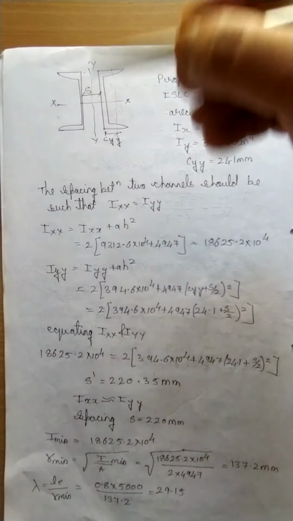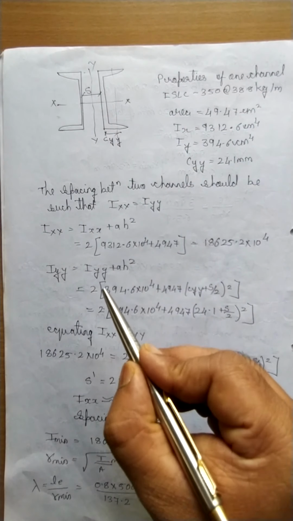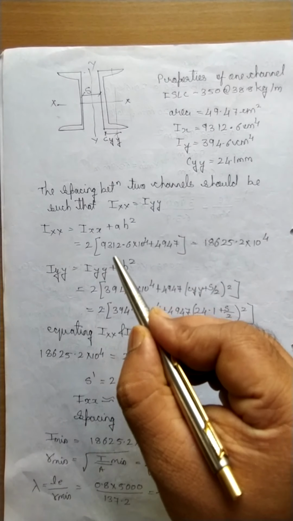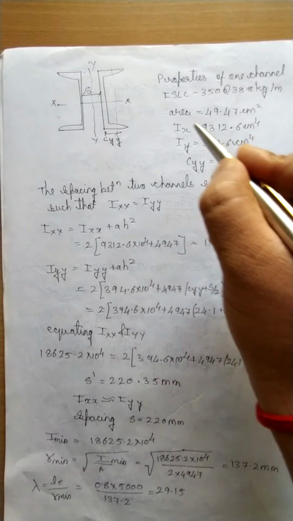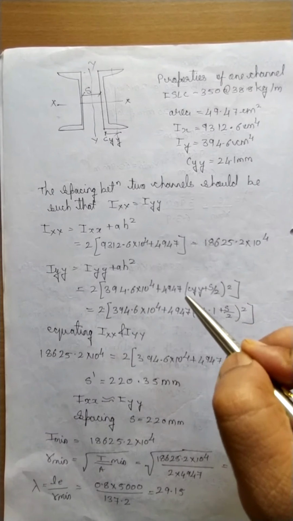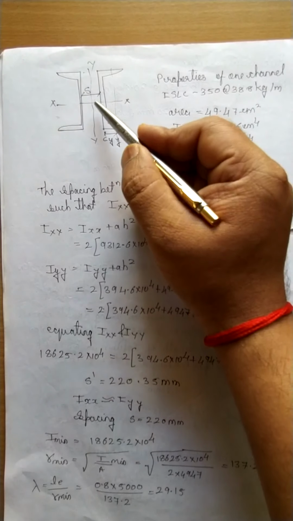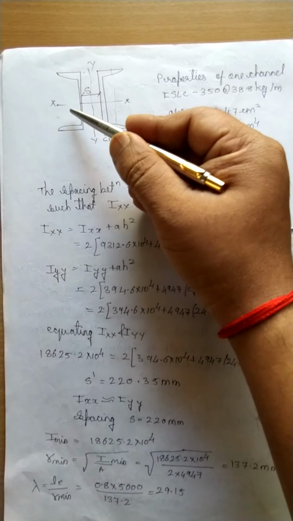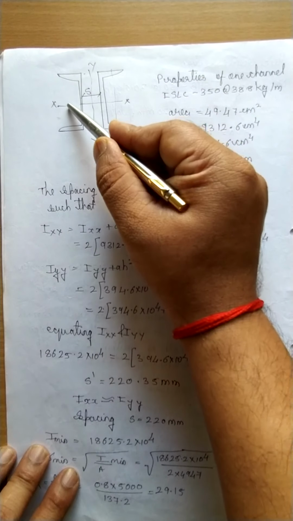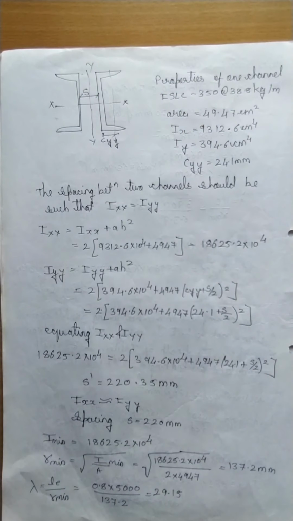Next, Iyy about the y axis. So you can see 2 times the Ixx value plus area into now h bar square. So you can see this has to reach here. If I take an individual channel section, its CG is lying somewhere here. I will just show it to you in the steel table.